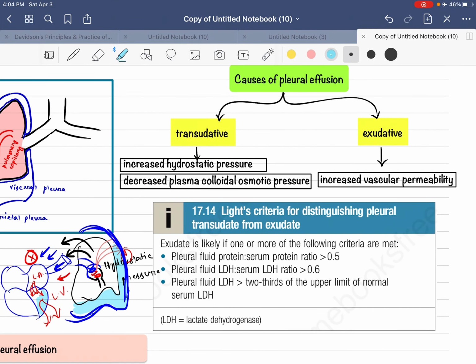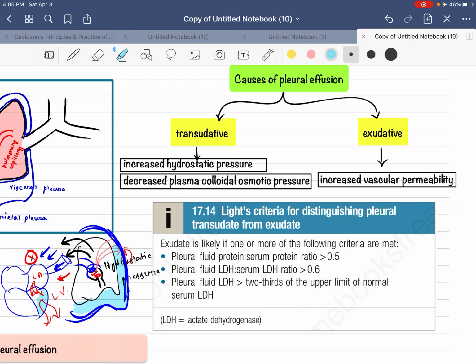Now these are the causes of transudative pleural effusion, and now we will know about the exudative causes. Just one thing you have to know, that wherever you get infection or inflammation, you know that in case of inflammation the vascular permeability will increase.